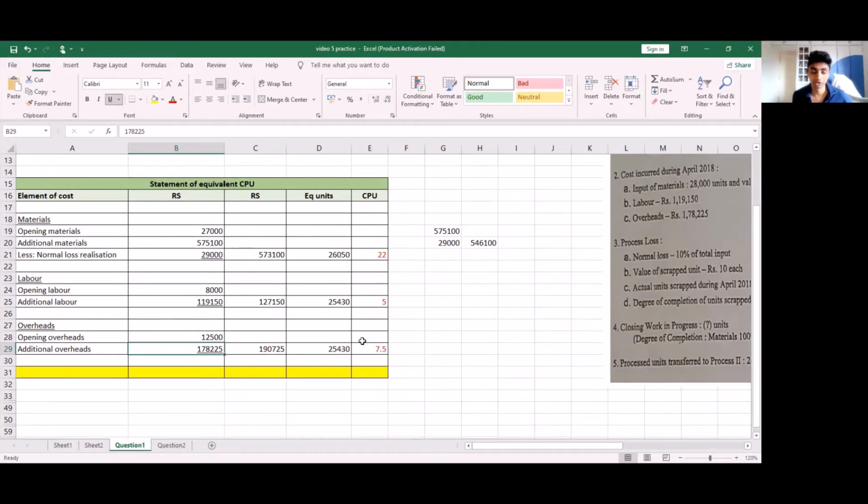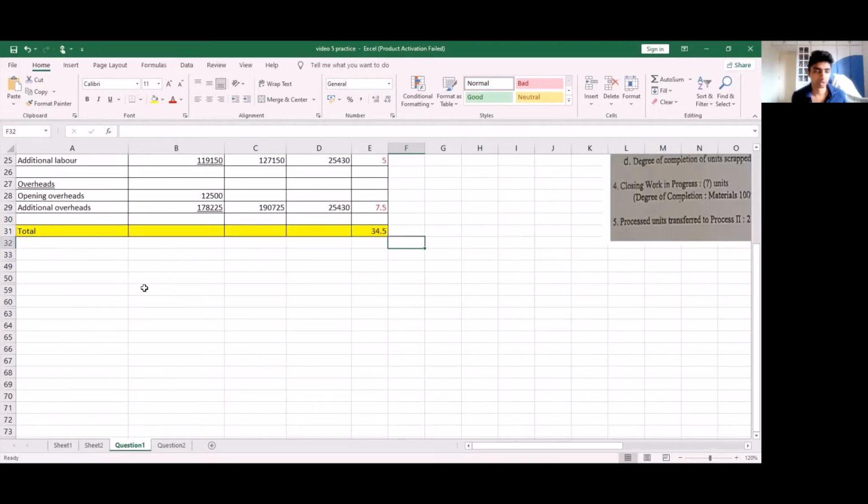But in our weighted average method, we are also adding our opening overheads, opening labor, and opening materials to the costs. If this is clear, let's total our cost per unit to see what it costs to make one entire unit. So we add 22 plus 5 plus 7.5 to get 34.5 as our total cost per unit.